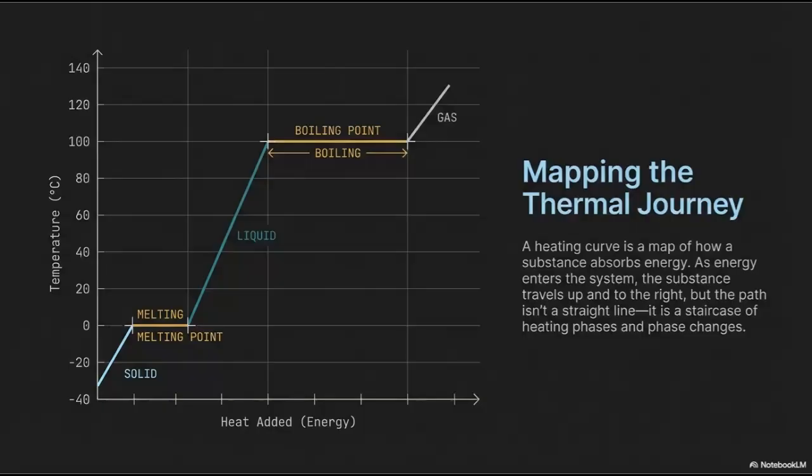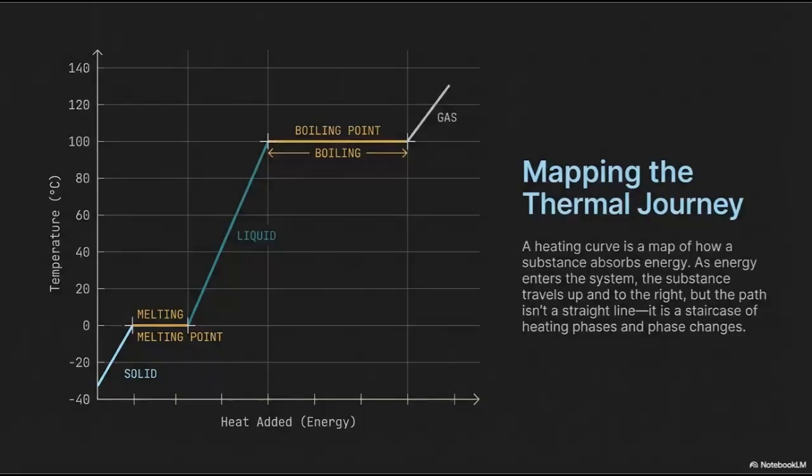So when we have a heating curve, let's say for water, water always starts as a solid. We have to heat up that solid until it starts melting, and it's going to stay in the melting phase until all that solid is melted.